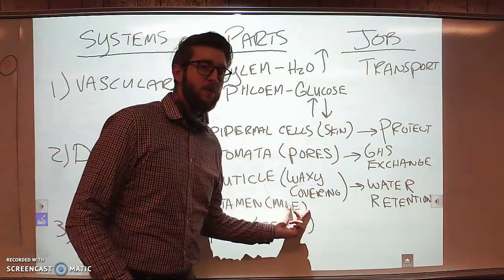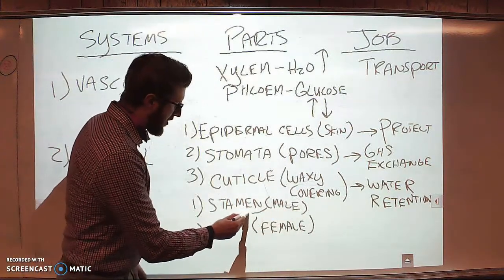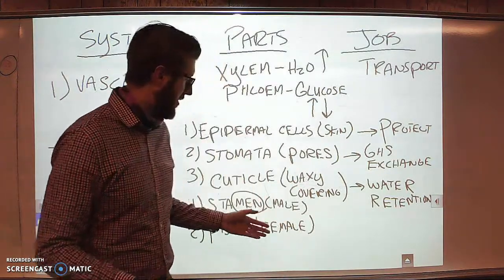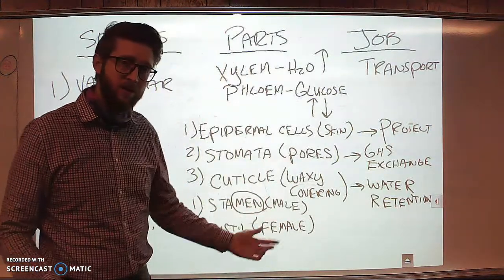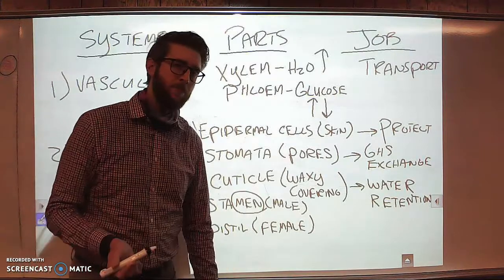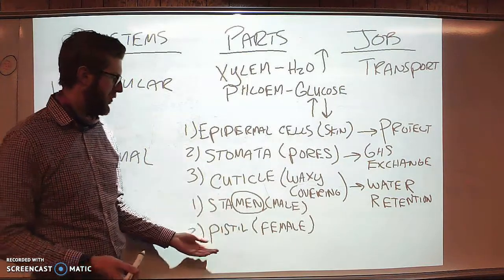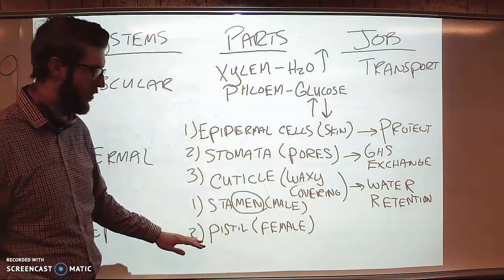So it's easy to remember that the stamen is the male part because it has the word men in it, so that's kind of a giveaway that that is the male part. That's not why it's called the stamen, but that's just a way for you to remember that stamen is the male part of the reproductive portion of the flower, okay?